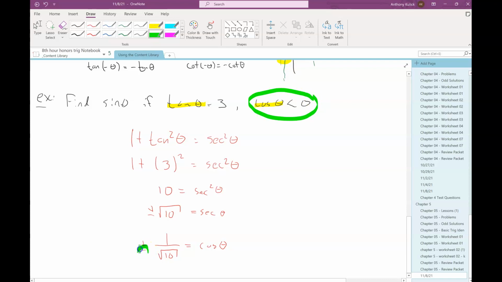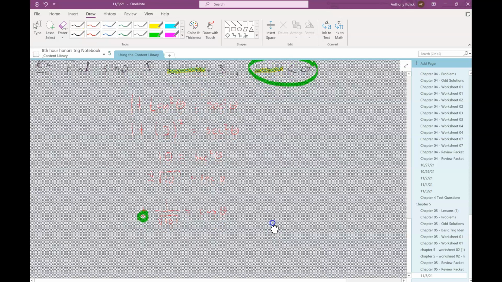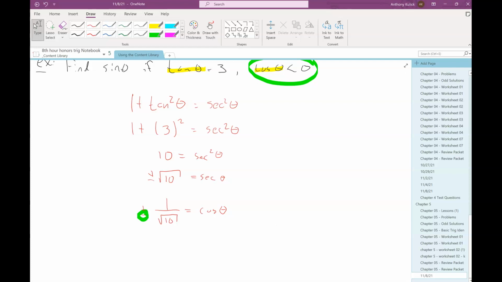Since cosine is negative, I know that this then has to be a minus. And then I know tan theta is equal to sine over cosine.